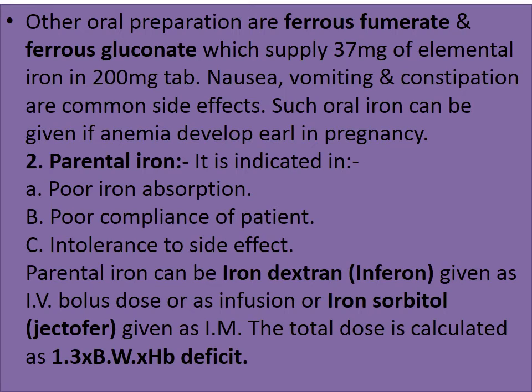Other oral preparations are ferrous fumarate and ferrous gluconate, which supply 37 milligrams of elemental iron in a 200 milligram tablet. Nausea, vomiting, and constipation are the common side effects. Such oral iron can be given if anemia develops early in pregnancy.